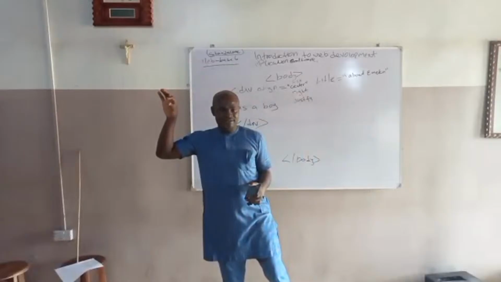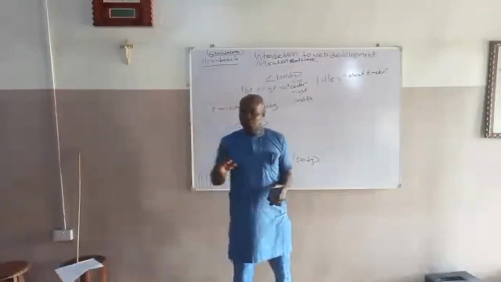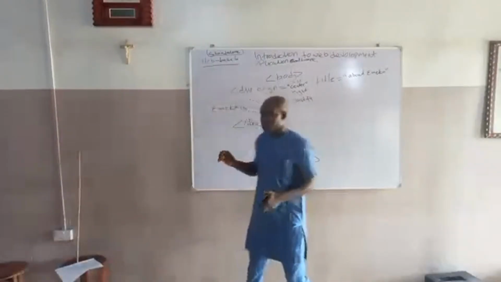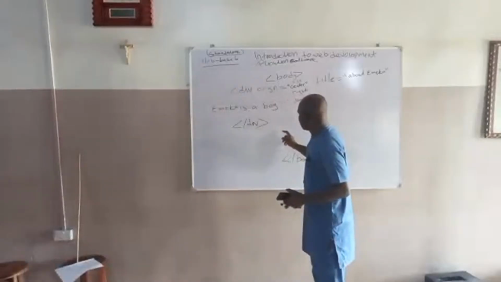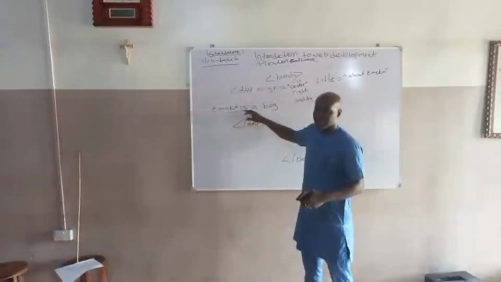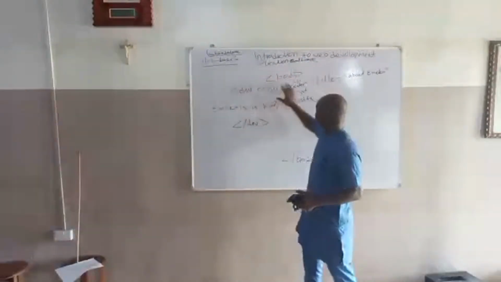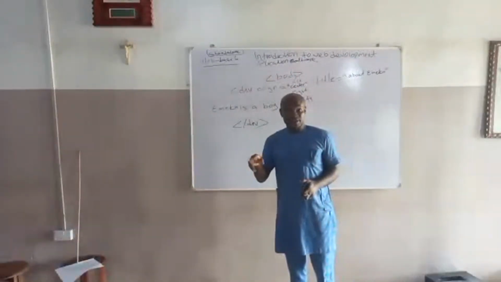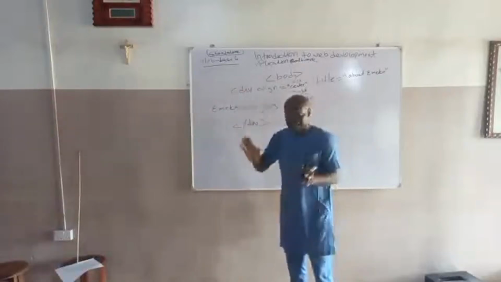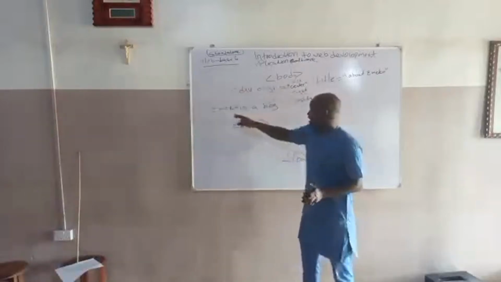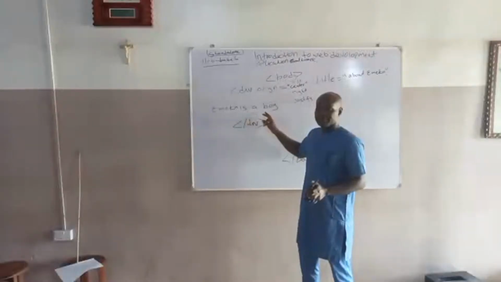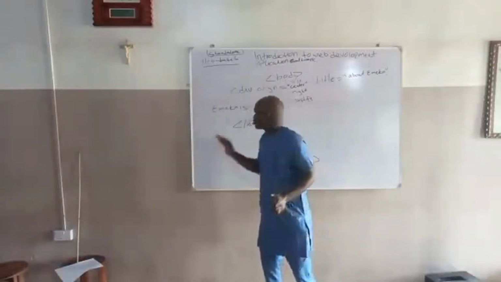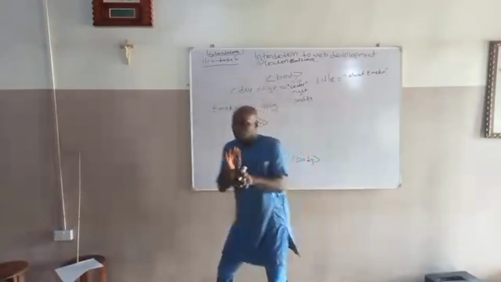Have you noticed that? If I save this now and open our web browser and type index.html, what you see there is Emeka is a boy. When I bring my mouse on top, it pops up: About Emeka.